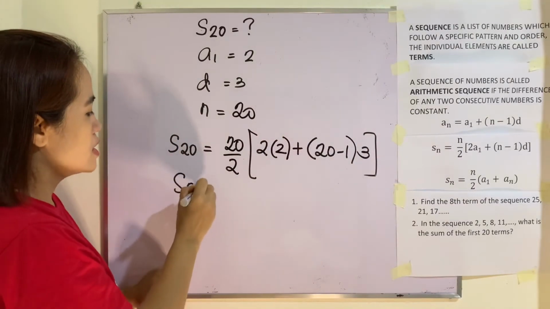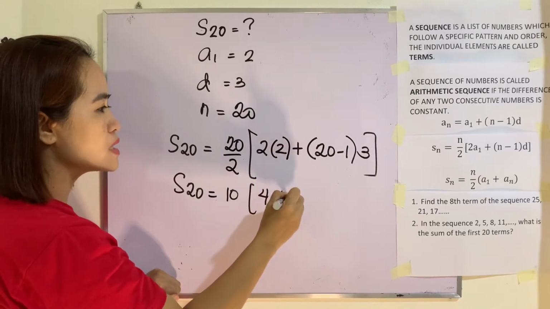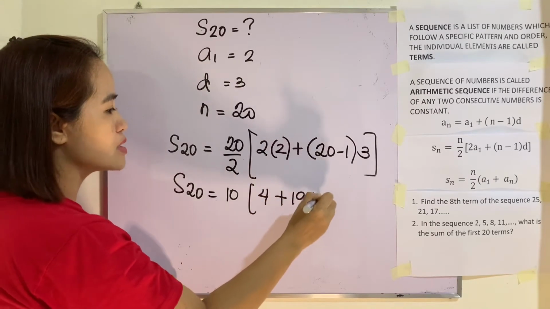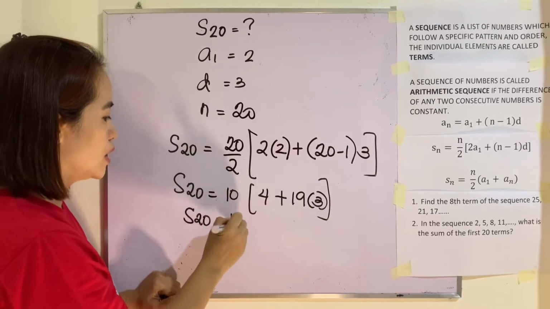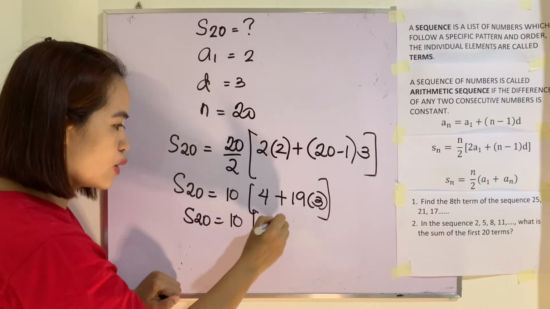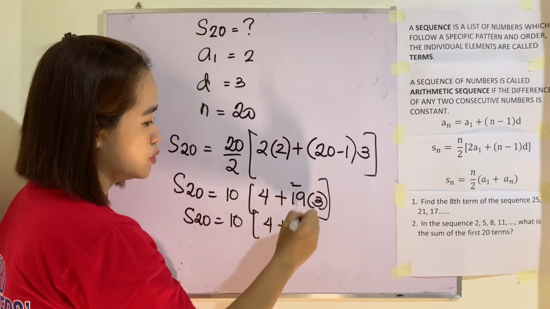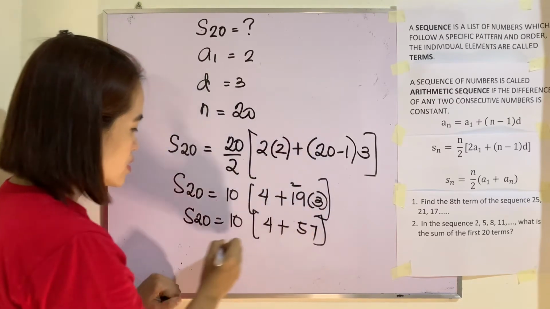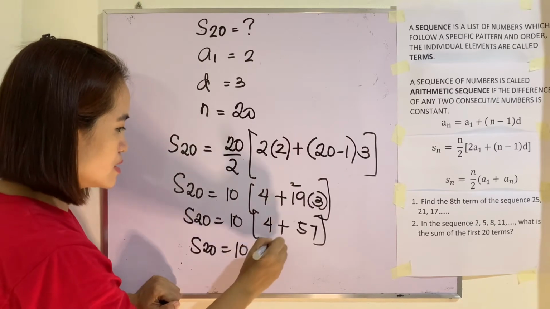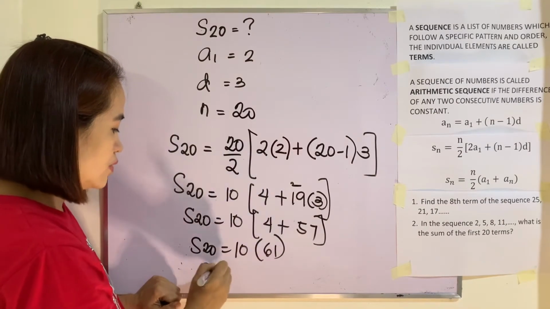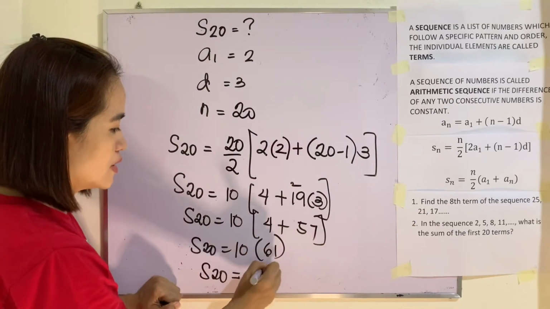So, S sub 20 equals 10 times 4 plus 19 times 3. So, the sum of the first 20 terms, we have 10 times 4 plus, this is 7 carry 2, 57. So, we have S sub 20 equals 10 times 61. And the sum of the first 20 terms of this sequence is, of course, 610.